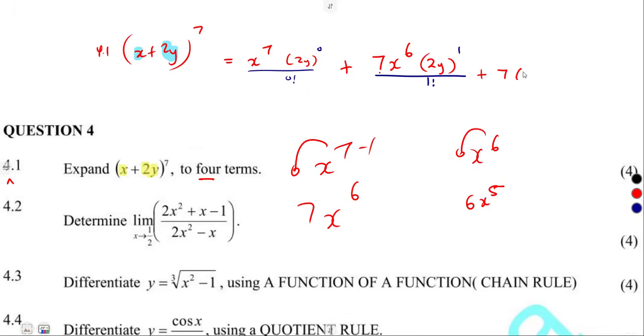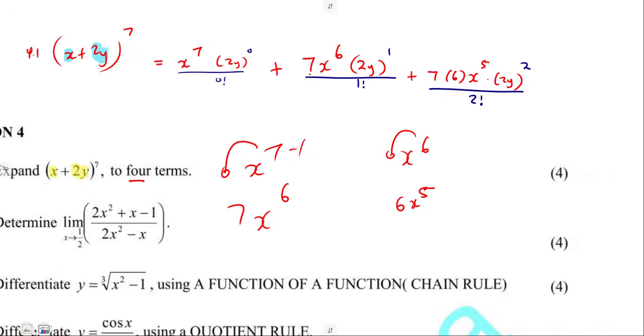So that's 6 here, x to the exponent of 5. Then the part of 2y is increasing the exponent, 1, now it's 2, over the factorial of 2. So that is what you're going to have, and so on, plus this one you rewrite as it is, 7 and so on.